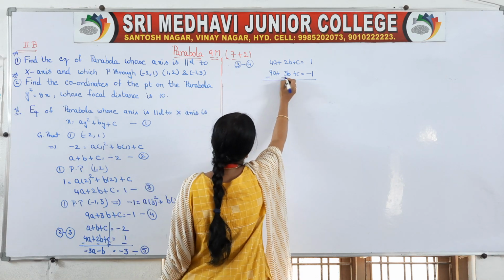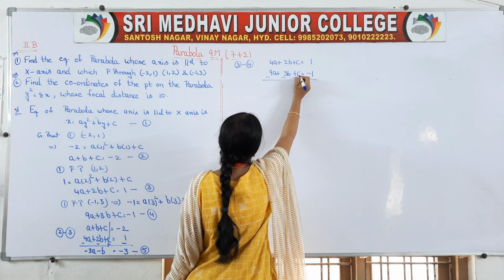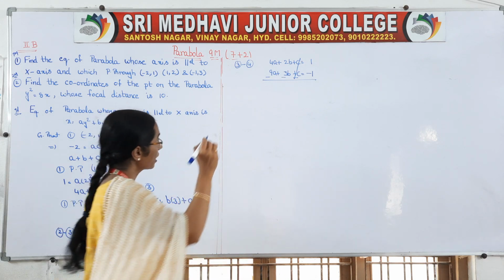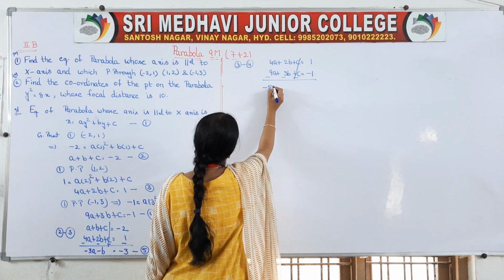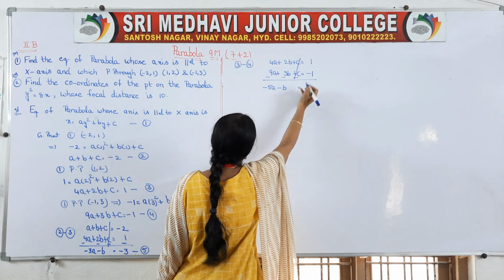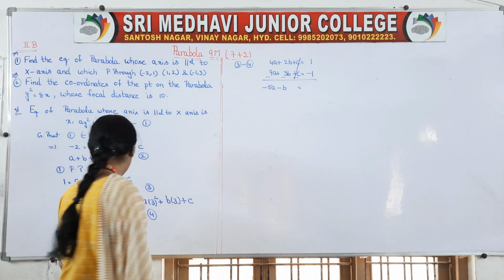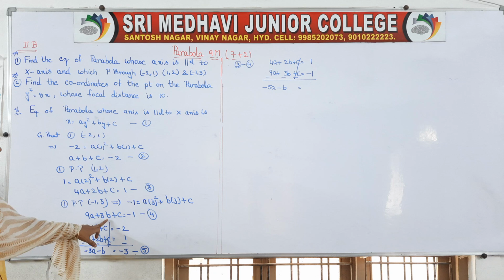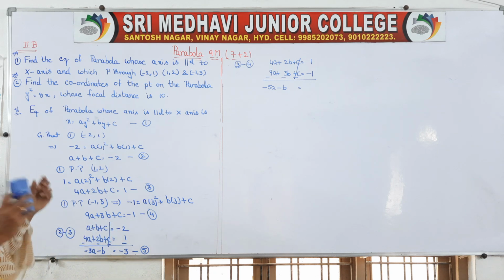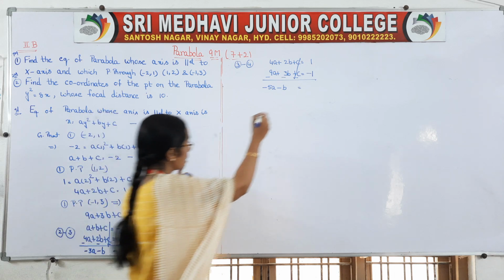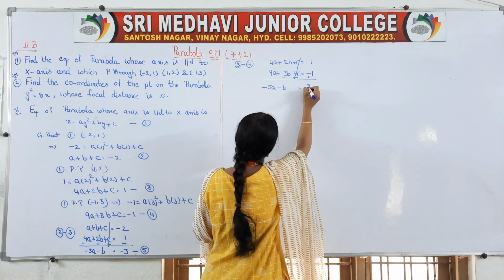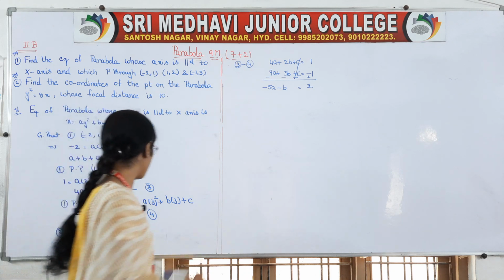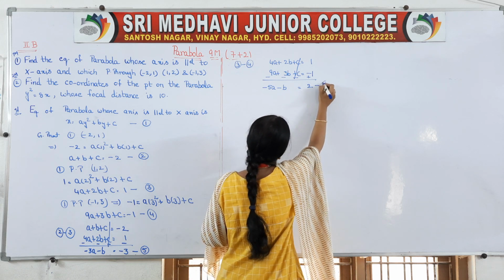So minus, minus, minus. Plus c minus c cancel. So it is minus 5a minus b is equal to, this is minus of minus, plus, right, this is 2. Okay, minus 5a minus b is equal to 2. You consider that as your sixth equation.